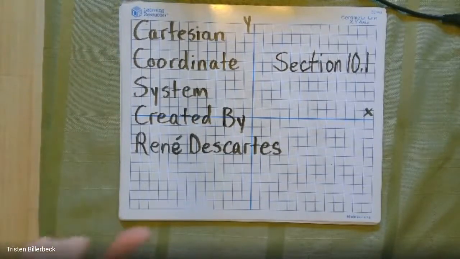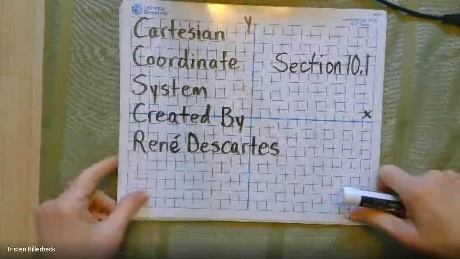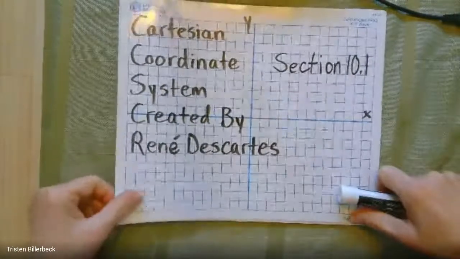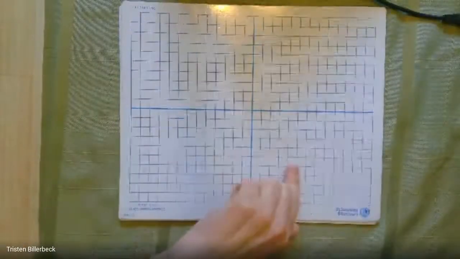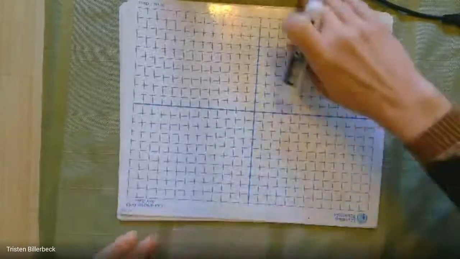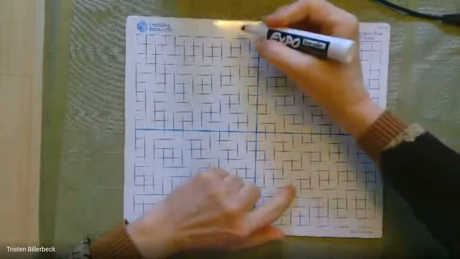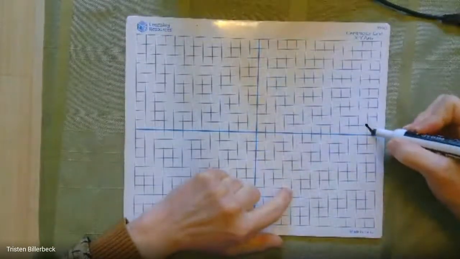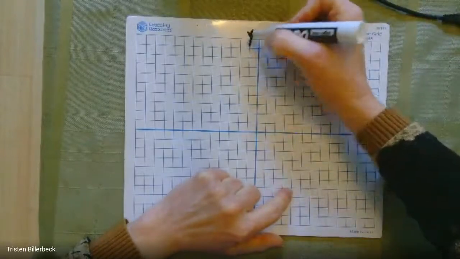So section 10.1. Let's talk about what this Cartesian coordinate system is. With the Cartesian coordinate system, we have an x-axis down here and a y-axis.